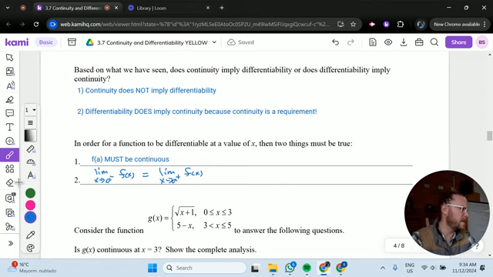So in other words, the limit needs to exist. But these are of the derivative, not of the original function, because then we would do nothing new. So in order to be differentiable, it has to be continuous, and the derivative limit must exist. Because if not, it's like we've got that jump discontinuity or something.